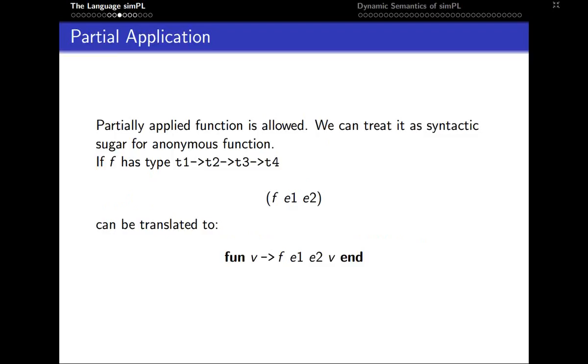All right. Partially applied functions are also allowed, and they are syntactic sugar. If I have a function with 3 arguments, you can see the type here: T1, T2, T3. Then if I apply it only to 2 arguments, what I should get as a result is a function from T3 to T4.